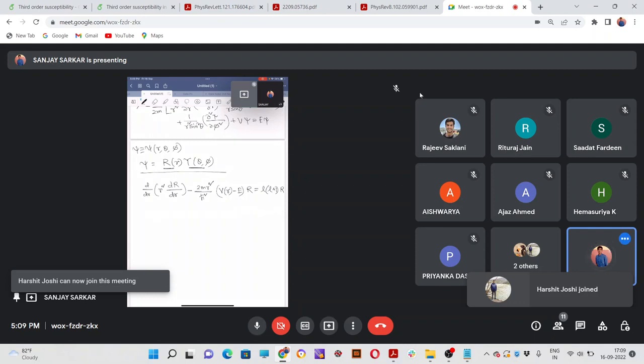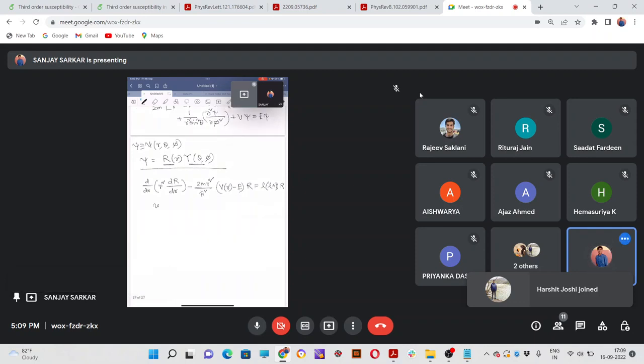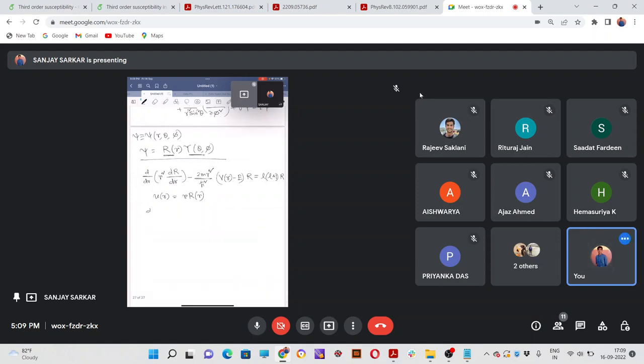To solve this equation, it is easier if we replace R like this. Then the equation involving u will be given by these expressions: V plus h bar square by 2m L into L plus 1 by r square, u equal to E u.